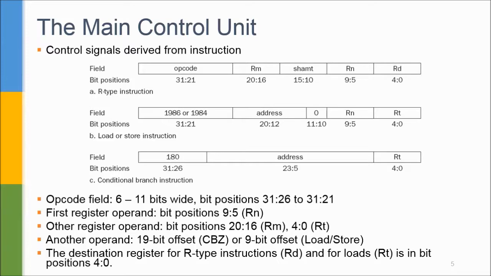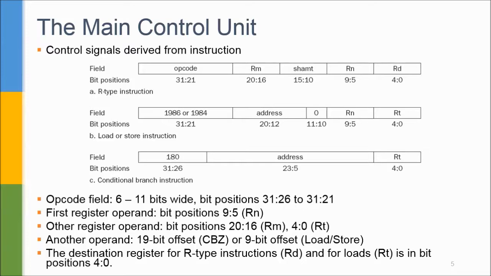The register Rn is the base register that is added to the 9-bit address field to form the memory address. For load, RT is the destination register for the loaded value, and for store, RT is the source register whose value should be stored into memory.